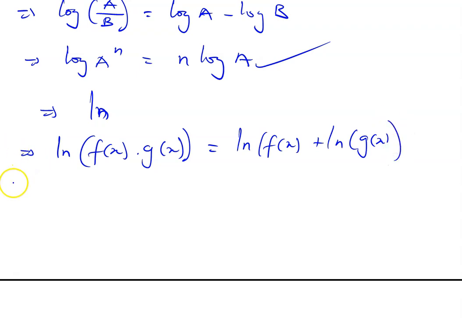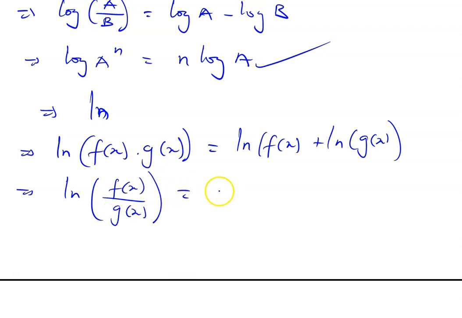The same applies to division. If I have ln of f of x all on g of x, then we are going to have ln f of x minus ln g of x.